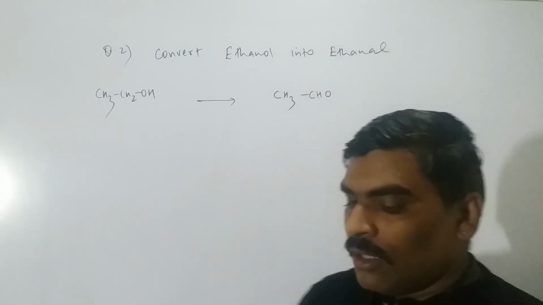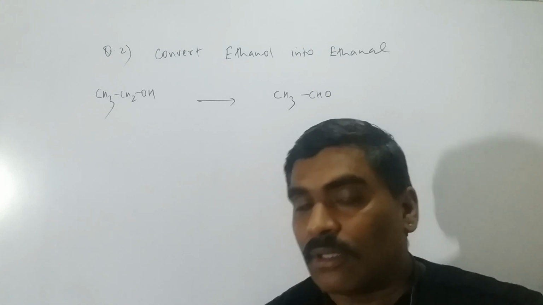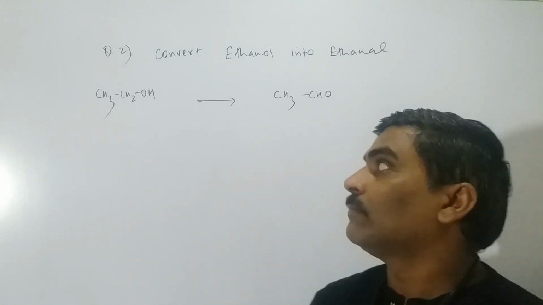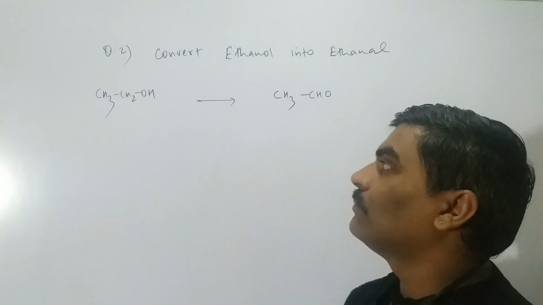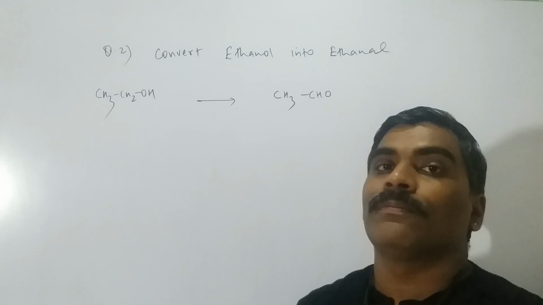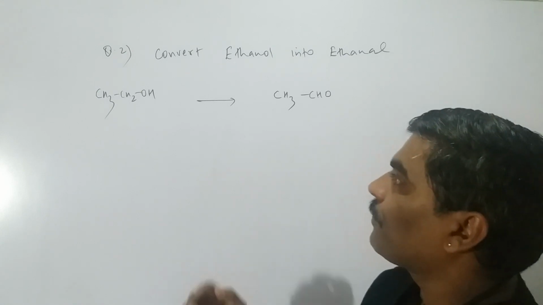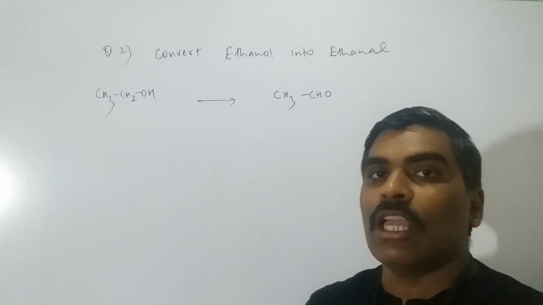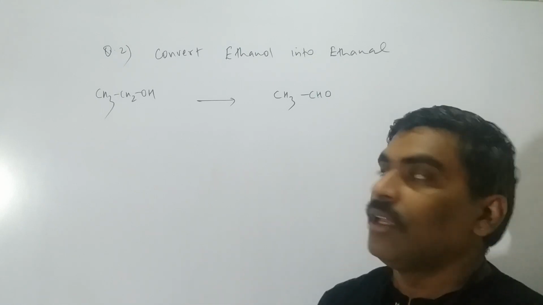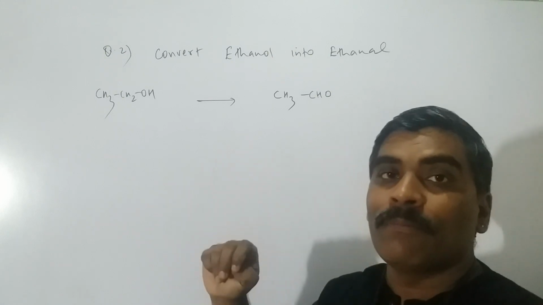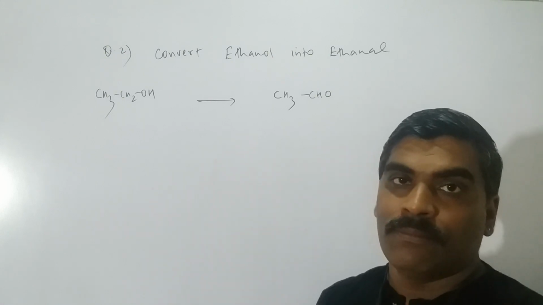Now, can we use acidified potassium dichromate here? No, because it produces 3 oxygen, and here, from primary alcohol to aldehyde, we require only 1 oxygen. If you put acidified potassium permanganate, you will get acid.